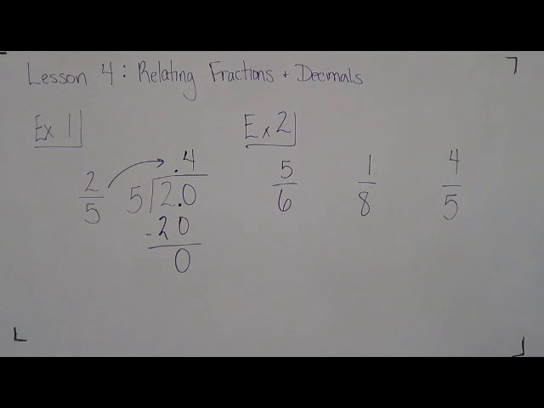So go ahead and figure out each of those. And I will tell you, sometimes we're going to get to ones where the decimal is going to go on for a long time. If that occurs, you can always stop at 3 decimal places. So that's a rule that we've had throughout the year. You can always stop at 3 decimal places if it goes on for too long, so that way you're not spending too much time dividing it out.